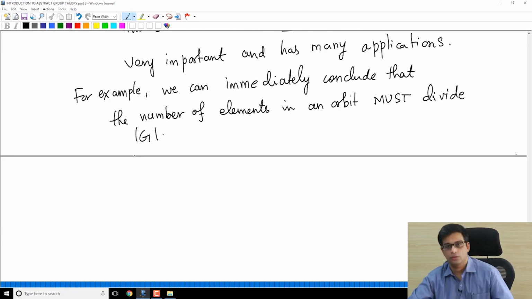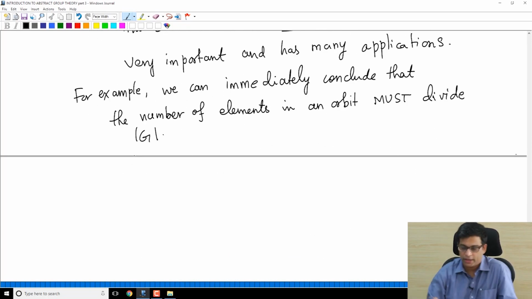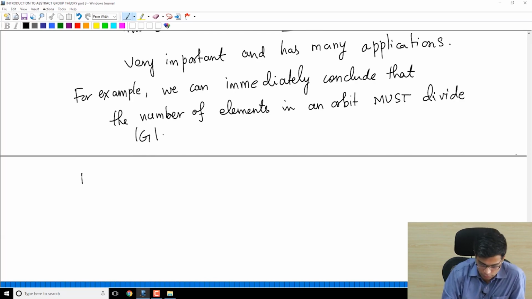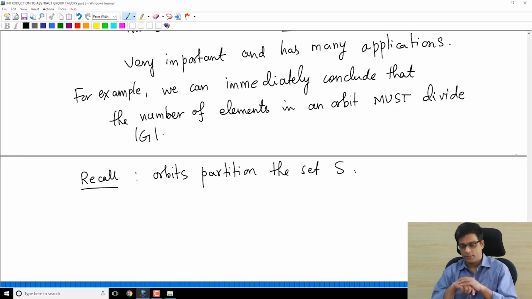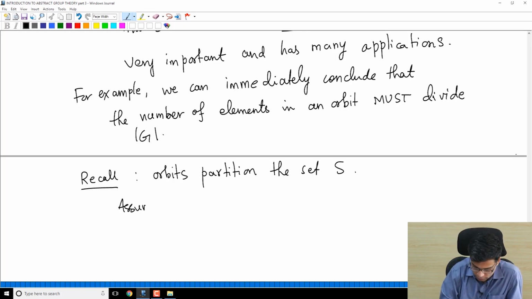So I want to do one more application of this: orbits partition the set S, right? So let us apply this. Assume now that S is finite.